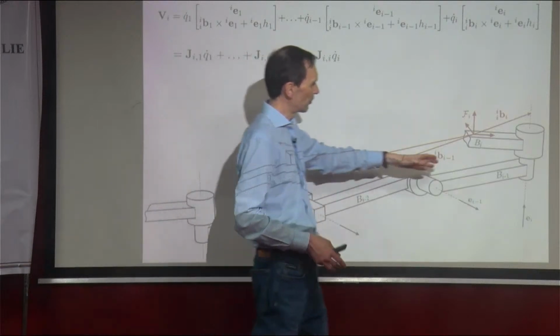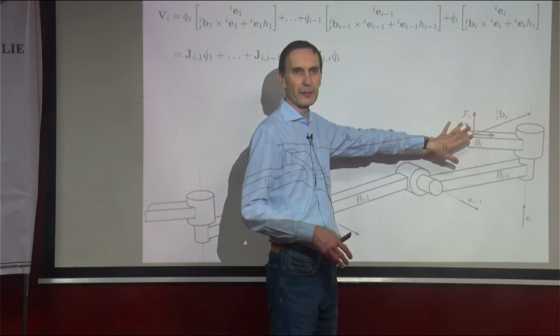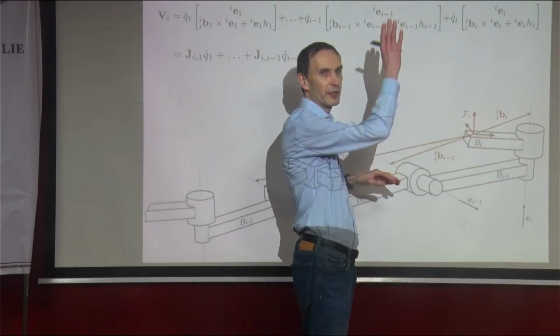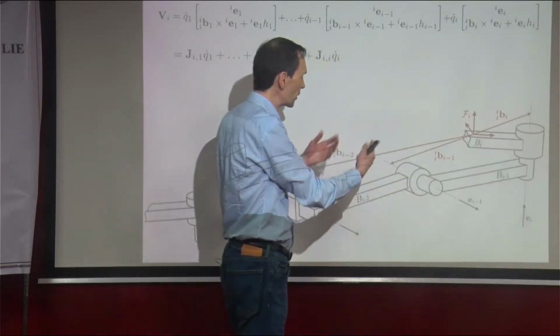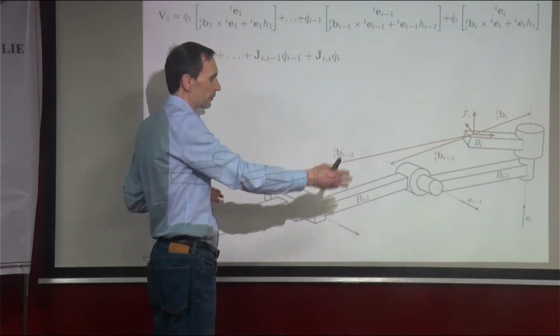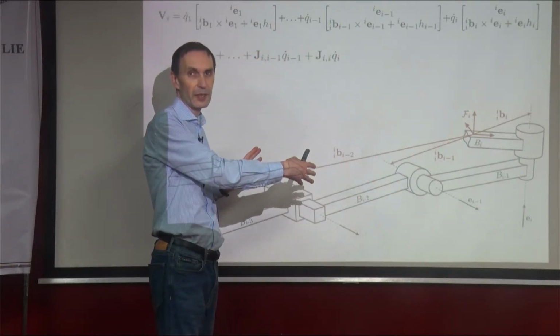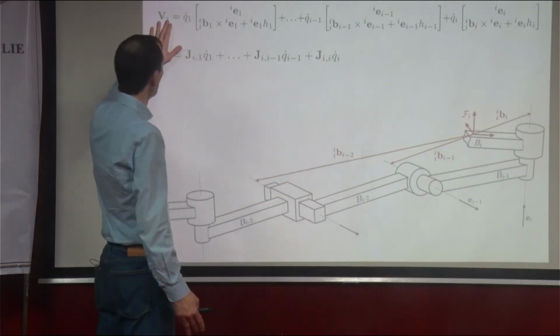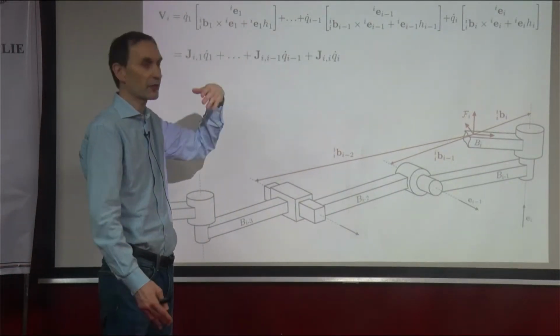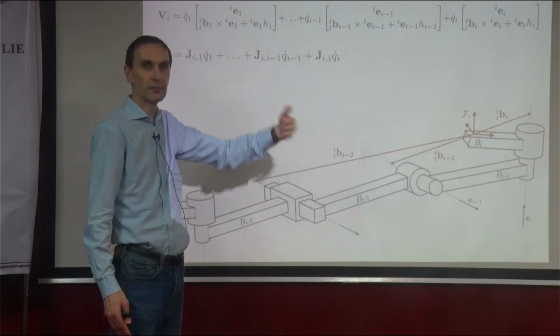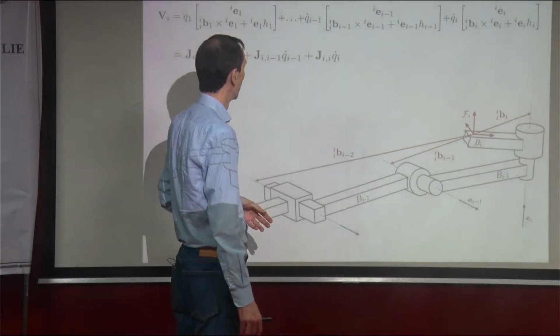I stopped here at body i, but of course it goes on till n. For each link I have that relation, so this i goes from 1 up to n, and you can have the same expression for 1, 2, 3, 4, up to n.